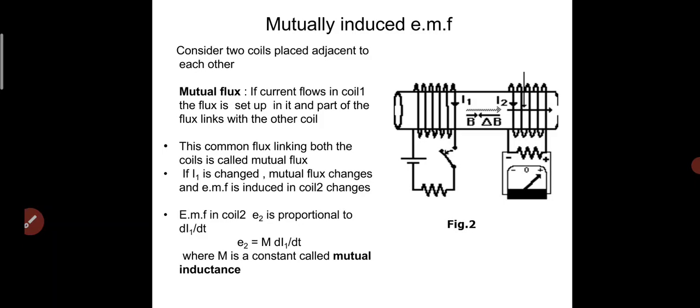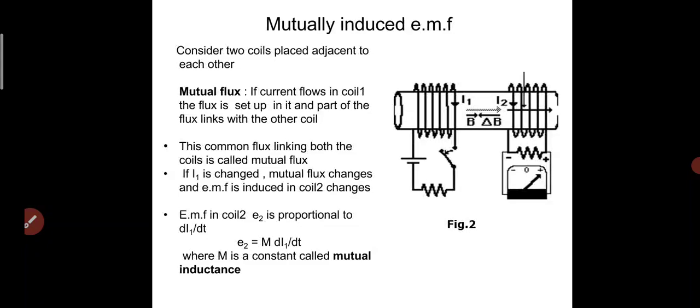So here E2 is equal to M into di1 by dt. M is the constant; it is called mutual inductance.